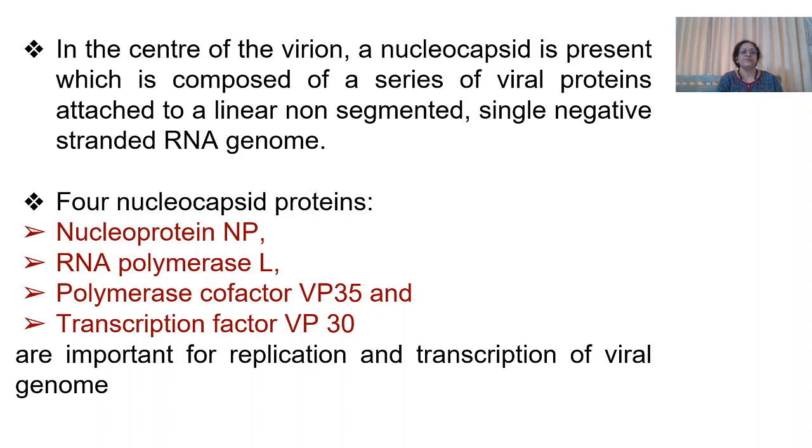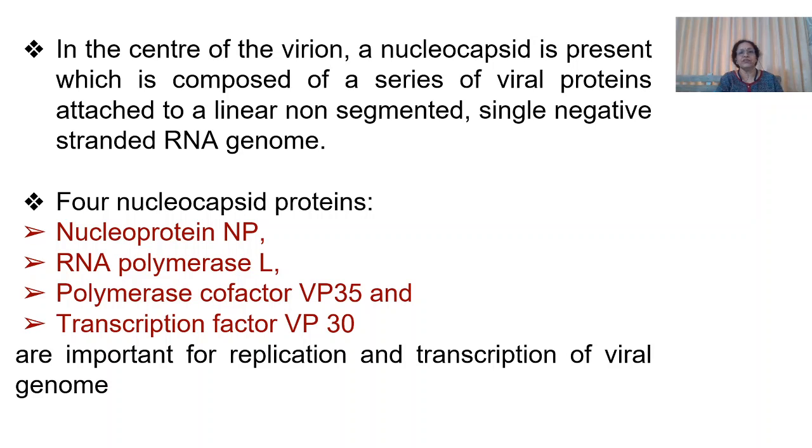replication. In the center of the virion, as you know, a nucleocapsid is present, which is composed of a series of viral proteins. These are attached to a linear non-segmented single negative stranded RNA genome.